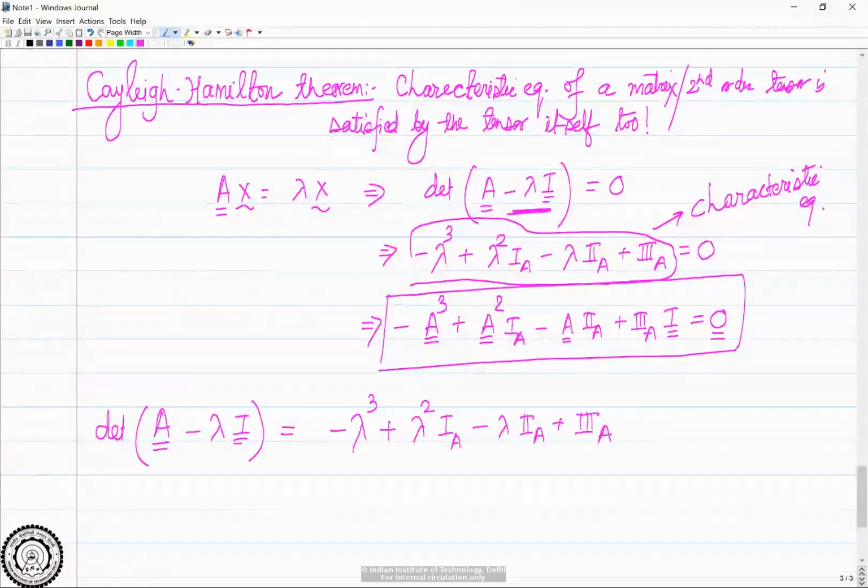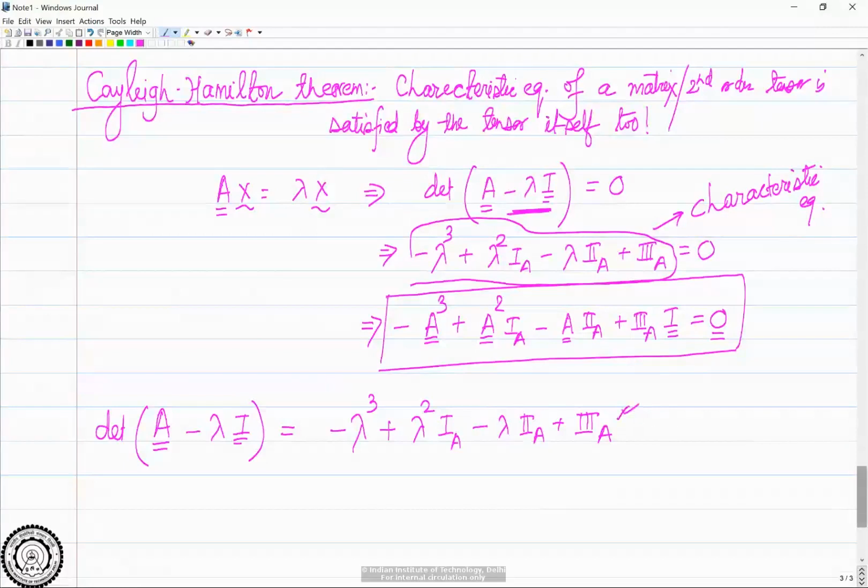This is something which is going to always hold, where lambda need not be an eigenvalue. And if lambda is an eigenvalue, then this is also equal to 0, but I'm not setting it equal to 0.